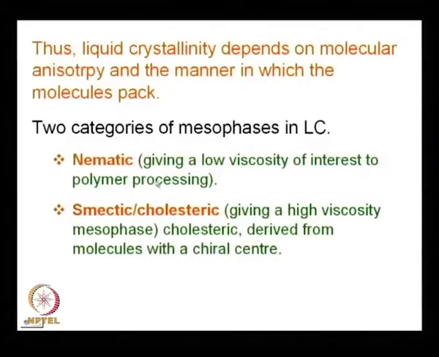Now, this word polymer processing, it is meant that whenever we prepare some polymer, we can get it either in the form of solid or liquid or in solution. If we get it in the form of solid, it may be in the form of powder. So, after isolation of the polymer in powder form, we have to purify it. After purification, we get a pure polymeric material.